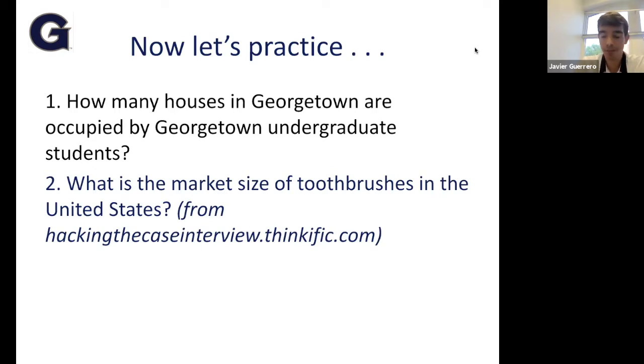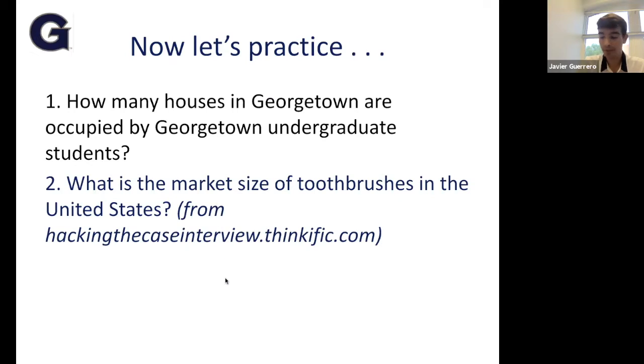Now that we have these assumptions in place, we're going to start working through the math. Step number 1 is calculating what percentage of our total undergraduate population is living off campus. That's where our assumptions come in: 90% of the senior class and 10% of the junior class. Assuming a 25% proportion for each class, roughly 1,500 are in each class. 90% of the senior class is roughly 1,350 living off campus.